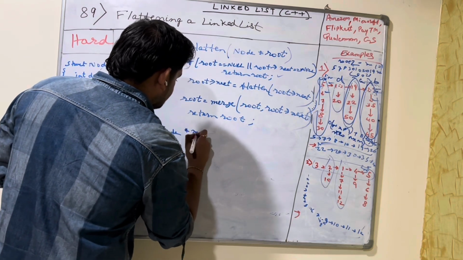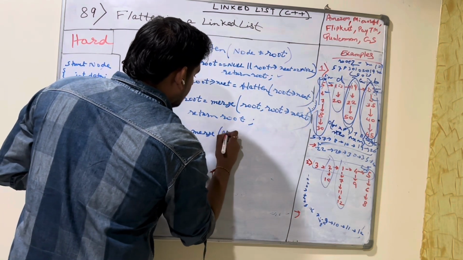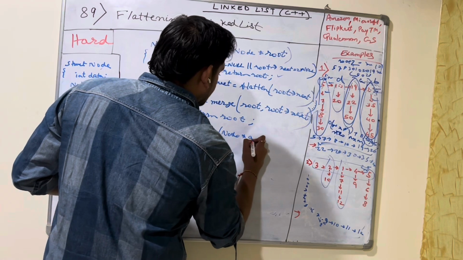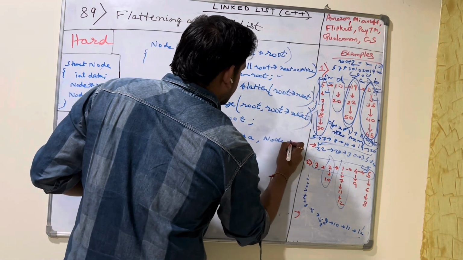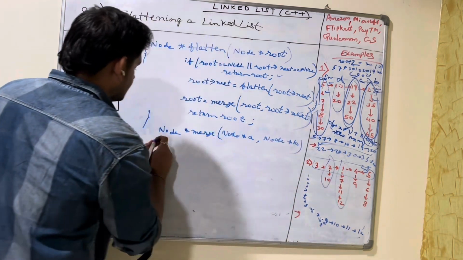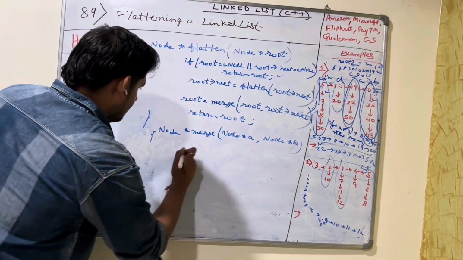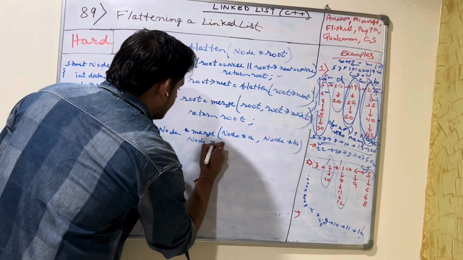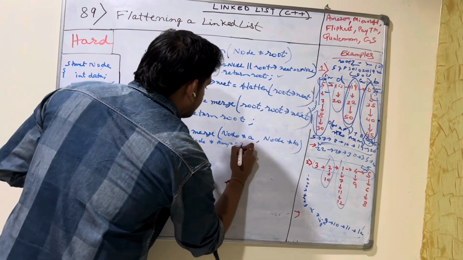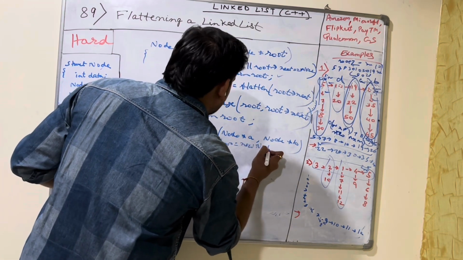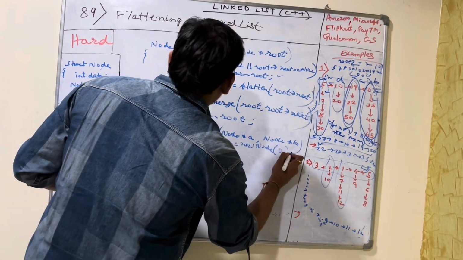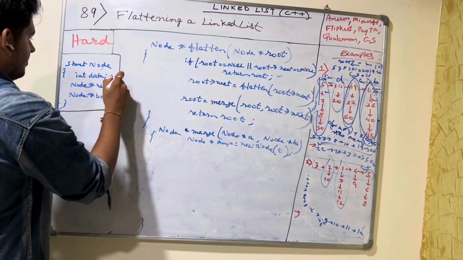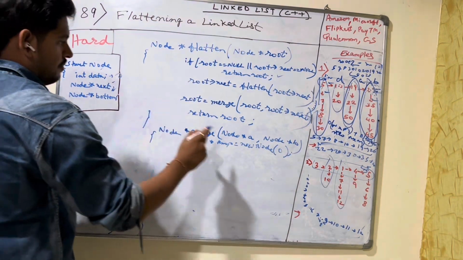Okay, so Node* merge(Node* a, Node* b). So we have these two pointers, and now how do we merge it? We take a new pointer, say Node* temp, and assign it as new Node(0). So 0 means we'll have this data as 0, and this next and bottom will be pointing to null.